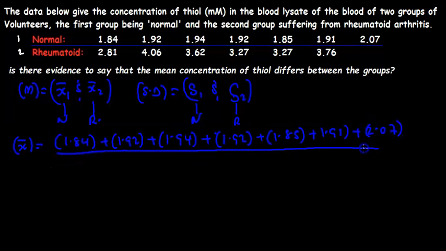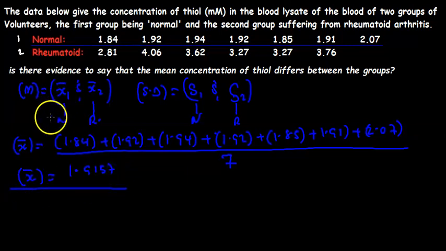Total number, feel free to count it, is simply going to be 7. Divided by 7, if you add everything and divide by 7, your answer is simply going to be 1.9157. Now that we have found the mean for the normal, before we move further, I will advise you to find the standard deviation.